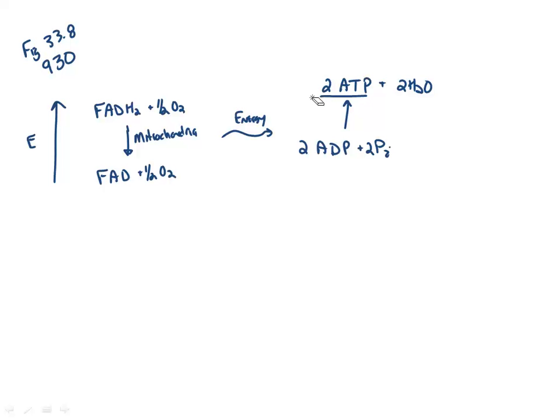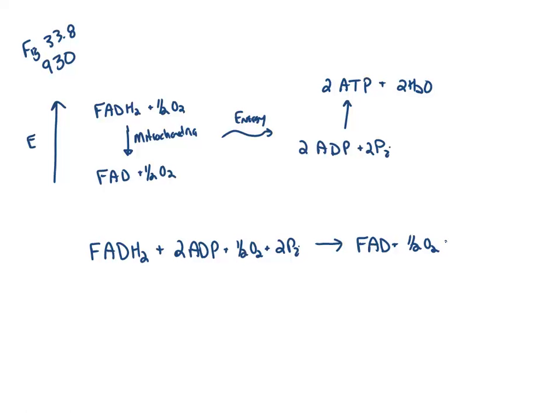I don't know where you draw the lines. Essentially, if I wrote the reaction out, FADH2 plus 2 ADP plus some oxygen plus some phosphate goes to FAD plus a half O2 plus 2 ATP plus H2O.